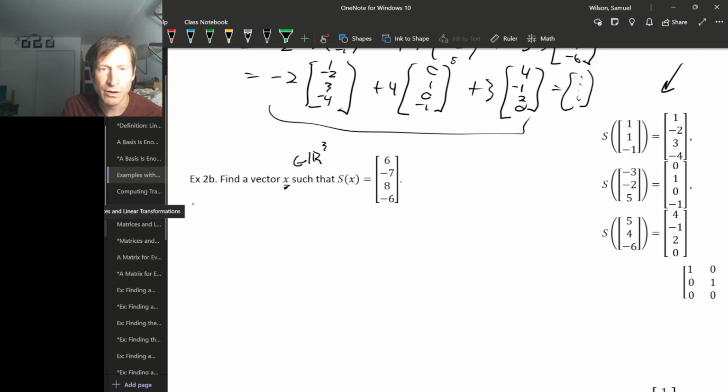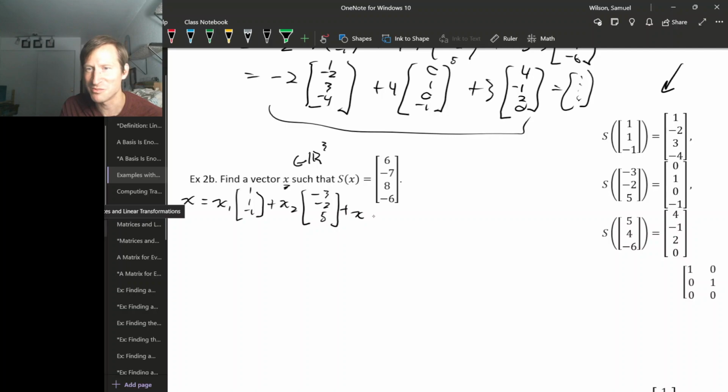Since x is in R3, we can write it in terms of the basis, x1 times 1, 1, -1, plus x2 times -3, -2, 5. I should say, if it exists. We don't actually know if there is any such vector x yet, but if there is such a vector, then we can write it like this.